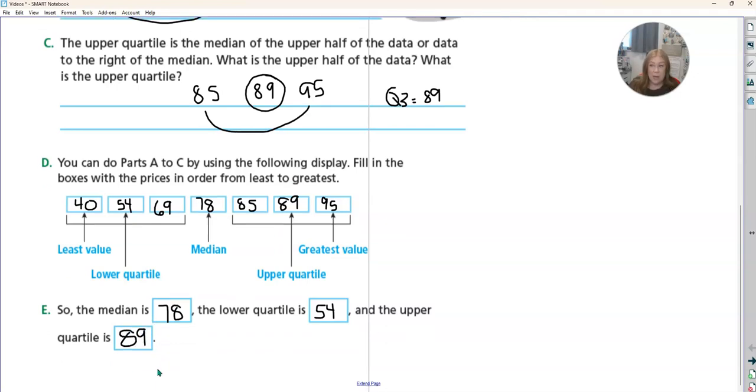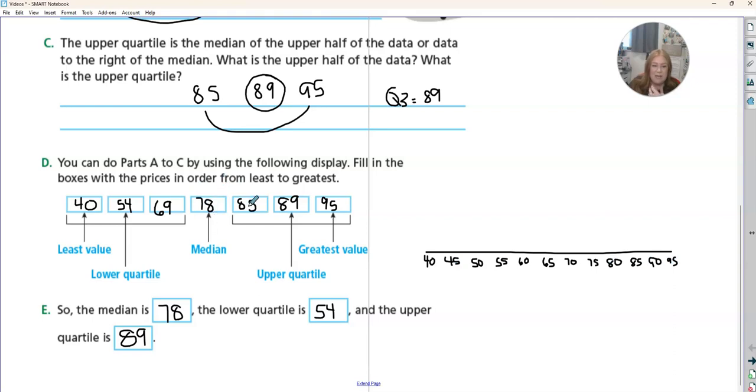Now I know it does not ask you to do this, but we're going to practice making a box plot here. On your paper, at the bottom there, we're going to make a number line. We're going to go from 40 to 95. So 40, 45, 50, 55, 60, 65, 70, 75, 80, 85, 90, 95.